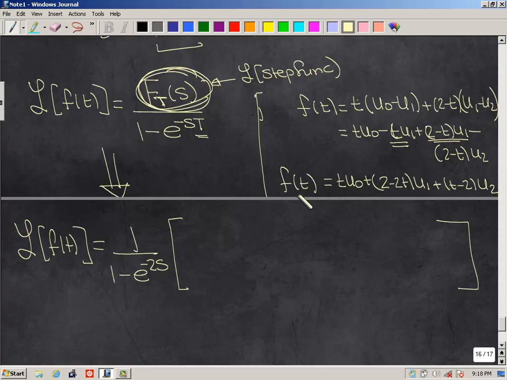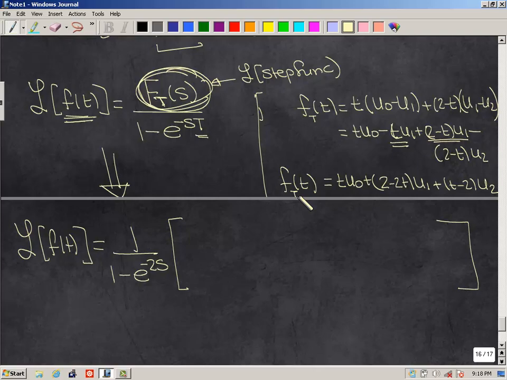Keep in mind, I'm using f of t very loosely here. This f of t is different than this f of t because this is only for one period. This is for the whole f of t. So you might want to put a little t here. That'll make more sense then.